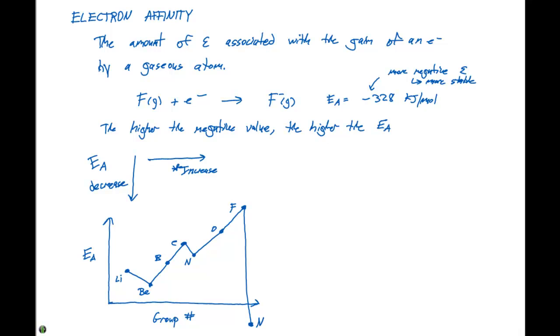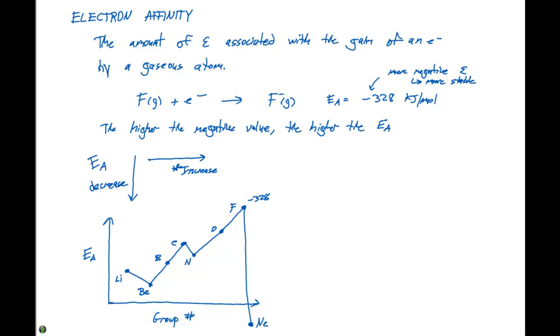So when we typically represent these, they're going to be off the charts in the opposite direction than they were for ionization energy. So for electron affinity, you need to think of, I have a particular atom, I'm going to give it an electron. Will this want to be stabilized or will it want to be destabilized? And the higher the negative value, the higher the electron affinity.